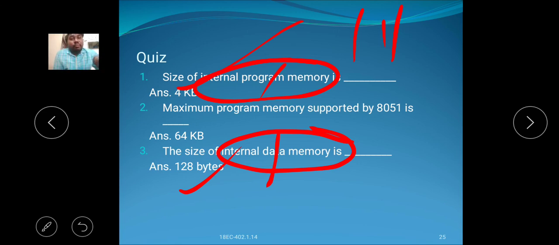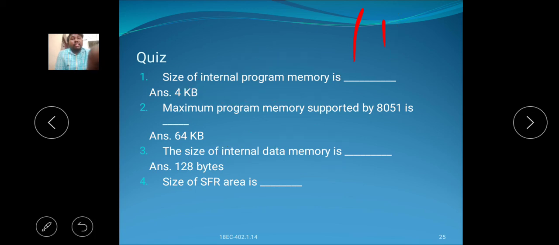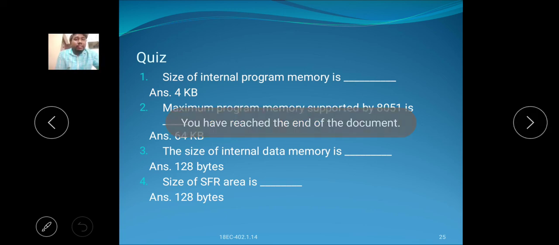The program requires more than the data, which is 4 kilobytes, while data is only 128 bytes. The size of the special function registers area is 128 bytes.